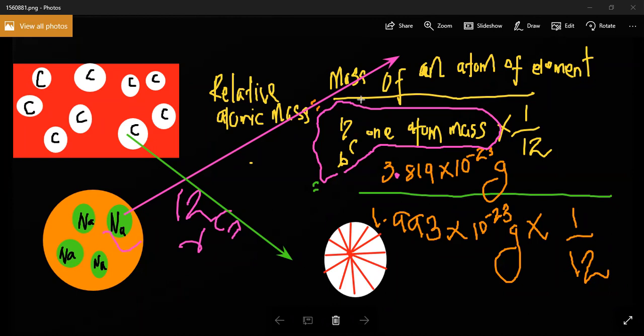Look, can you tell me the mass of this carbon, one atom? What is this?